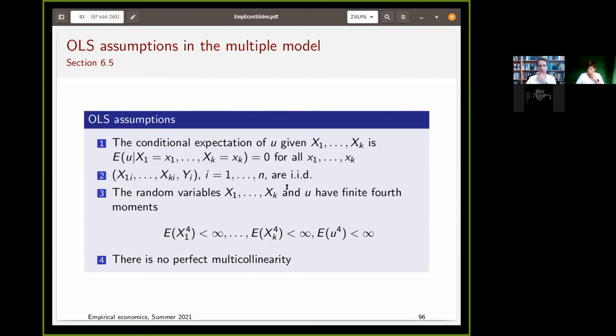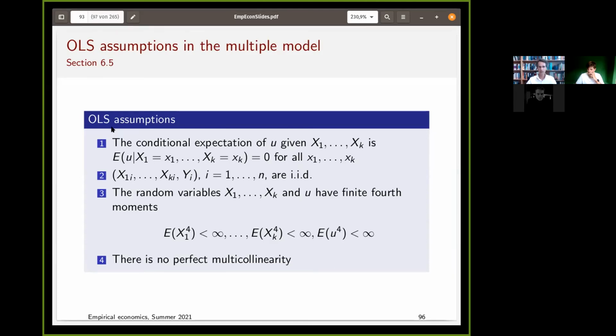And this causal interpretation is only valid if a number of OLS assumptions is satisfied. We have already seen that in the single regressor model, and we repeat that and generalize that to the multiple regression model.